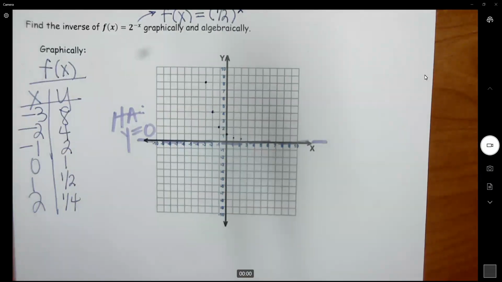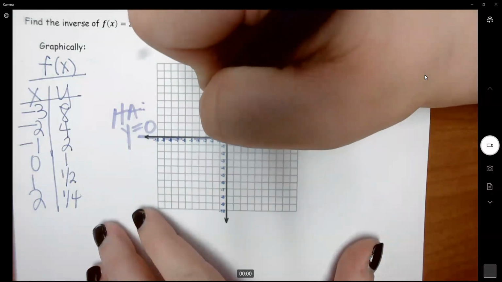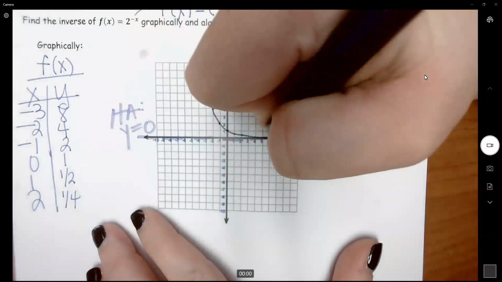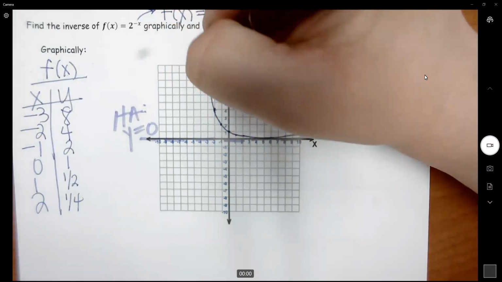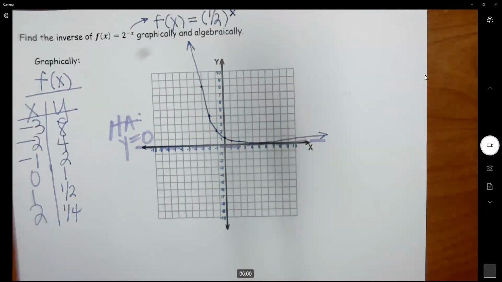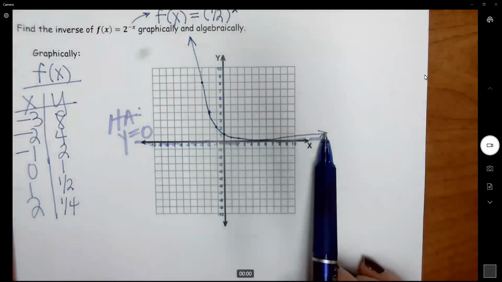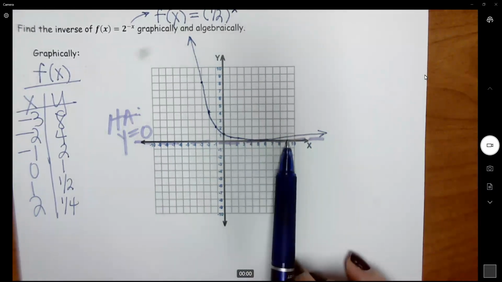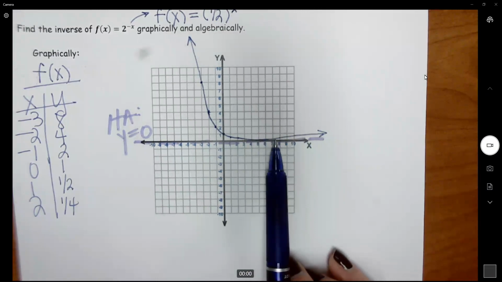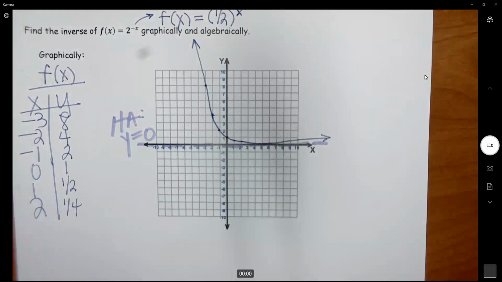So when I connect my dots, I'm not going to go over that x-axis. I will stay above it. Now, of course, I am human. So it looks like my graph right here is bouncing off that x-axis and coming up. That's a bad graph on my part. It does not need to touch it. And technically it's getting closer and closer and closer. It's not going to go up like this. Okay, but that's a human graph for you.